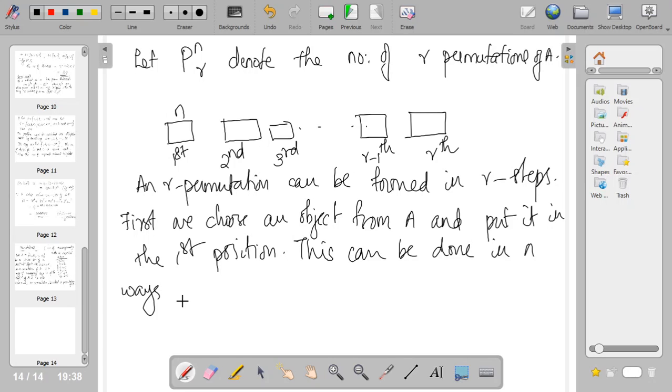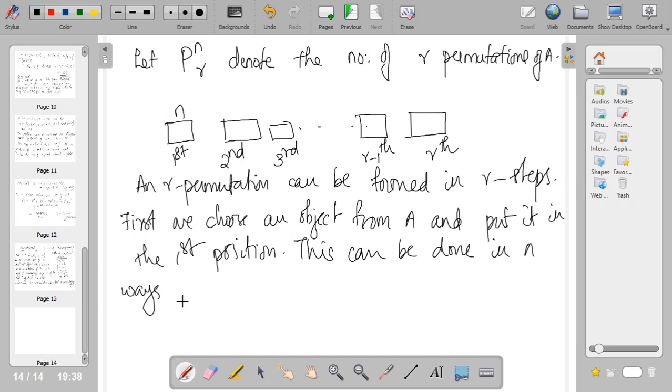Now from the remaining objects in A we put an object in the second position, which can be done in n minus 1 ways.